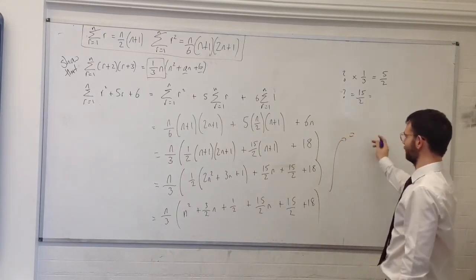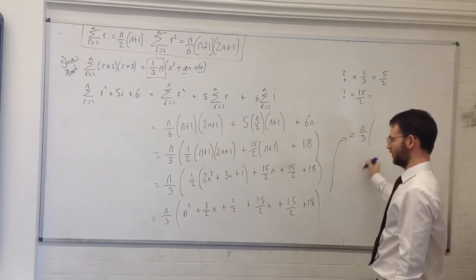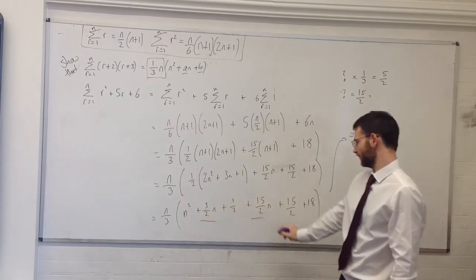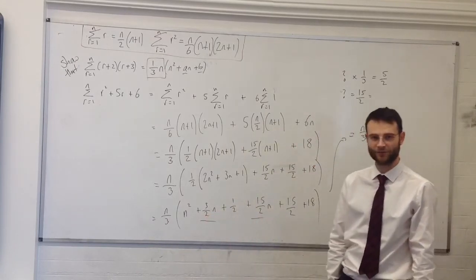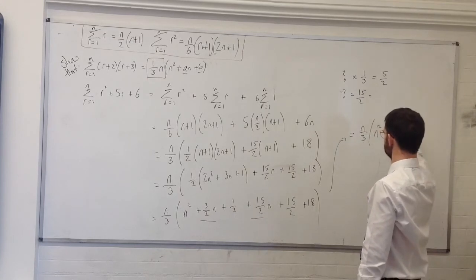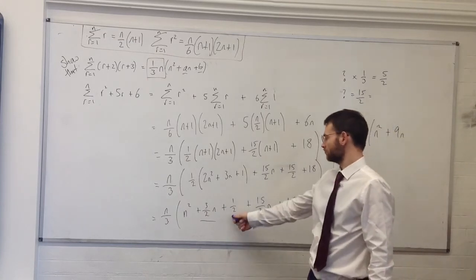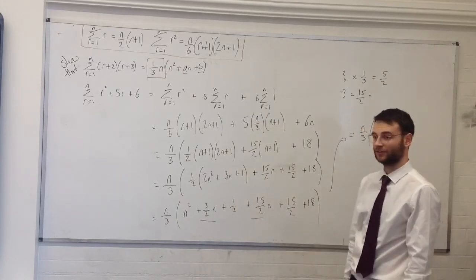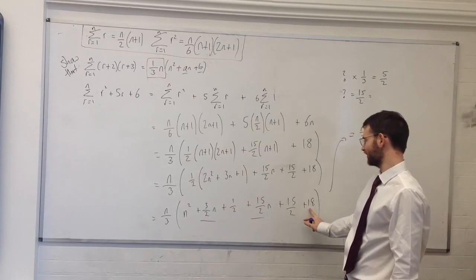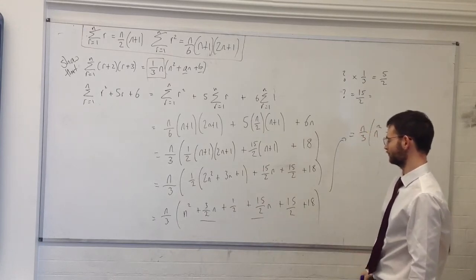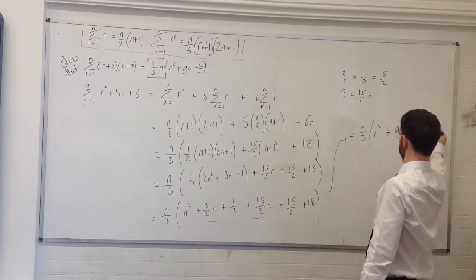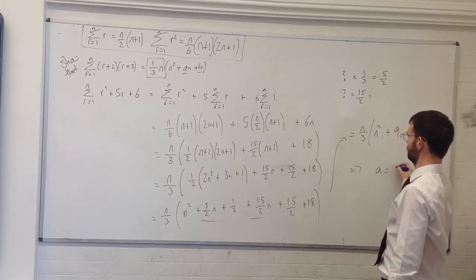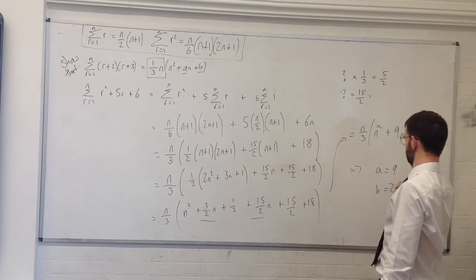And it's just collecting like terms now, so n over 3, just the 1 n squared, 3 over 2 n, 15 over 2 n, which is 18 over 2 n, which is 9n. One half add 15 over 2, so that's 16 over 2, which is 8. 8 add 18 is 26, sorry. So, there we have it. A equals 9, B equals 26.